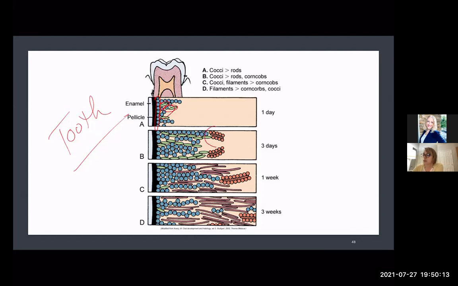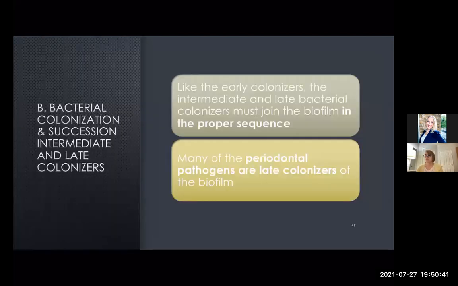Then we start to see these corn cobs, where it's a rod surrounded by cocci on either side. Then we get these gram-negative, and eventually we start to see spirochetes. So this is what it looks like after one day. This is why patients have to floss at least once a day to disrupt this biofilm. Otherwise, it hardens into calculus.